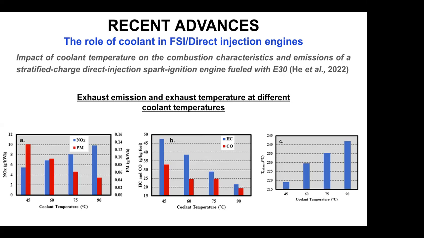CO, HC or hydrocarbon, and PM emissions drop with increased coolant temperature, indicating better fuel-air mixing and higher combustion efficiency. In addition, figure C on the right side of the slide shows that the exhaust gas temperature increases from less than 220 to more than 240 degrees Celsius, sorry, with the rise of coolant temperature.